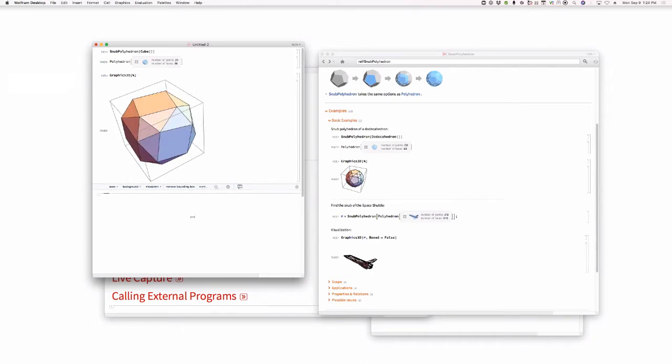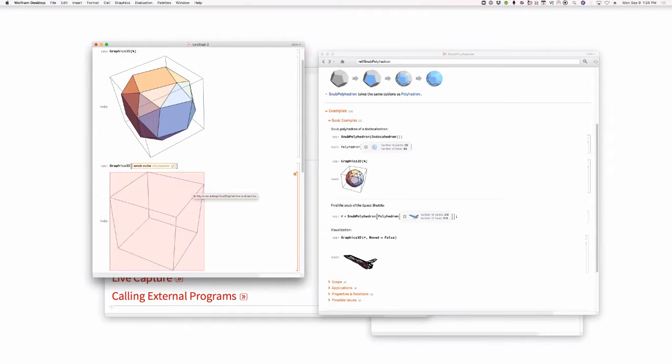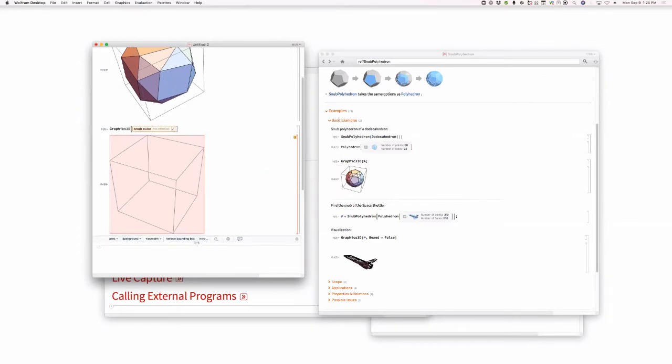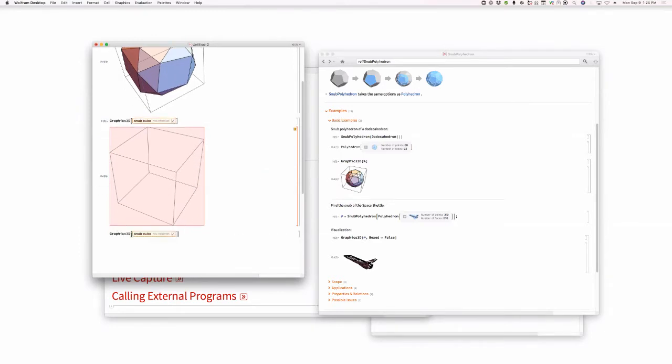So try PolyhedronData of snub cube. Oh, come on. Why does that not work? Entities are not supported in Graphics. You should probably add the polyhedron property of it.